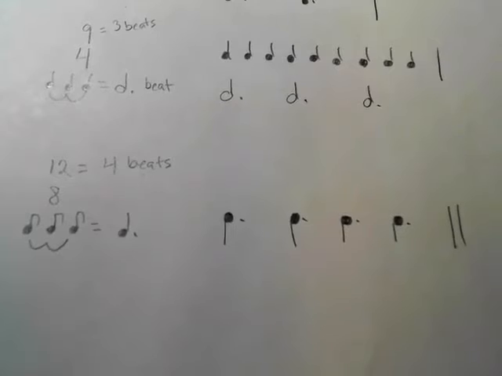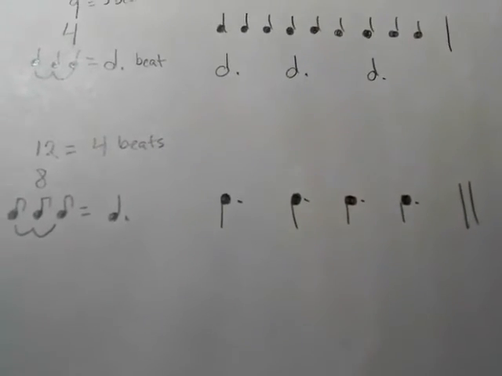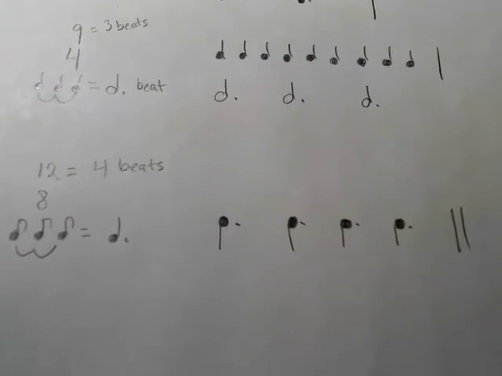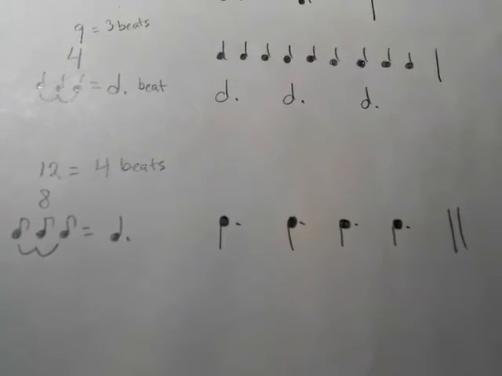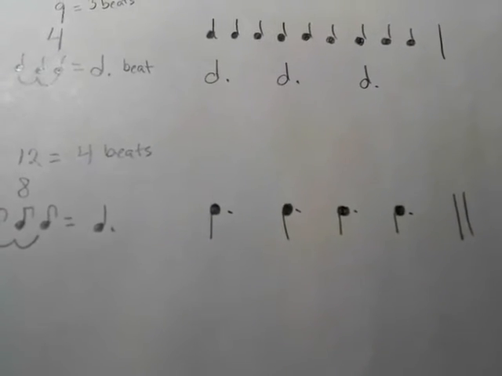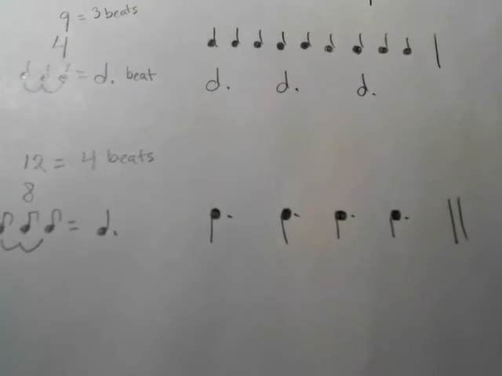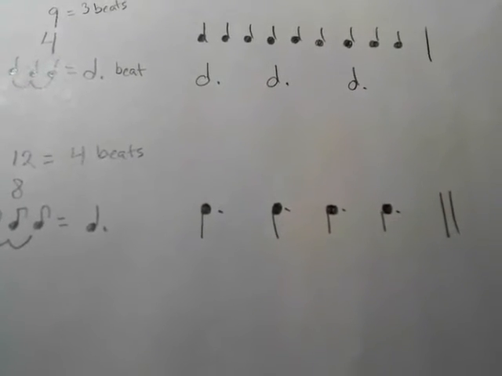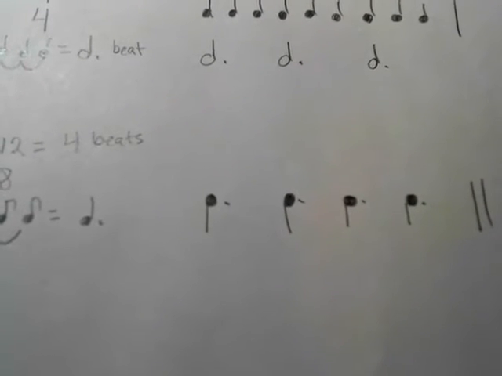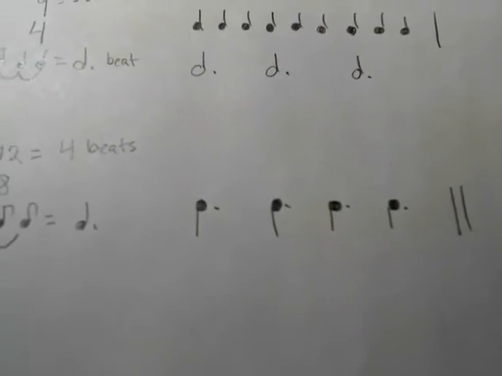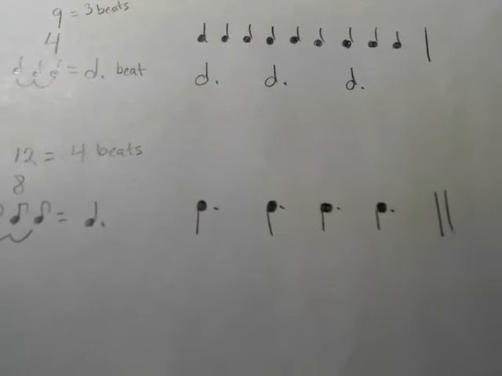I would call this a compound quadruple because it's a compound meter. Each beat divides into 3, but I have 4 beats in the measure. So this is not to be confused with a triple meter where you have 3 beats in a measure. That's just triple meter, 3 beats to the measure, but compound is always talking about the division of each beat, kind of on a lower level of that. A little bit more of a detailed idea.